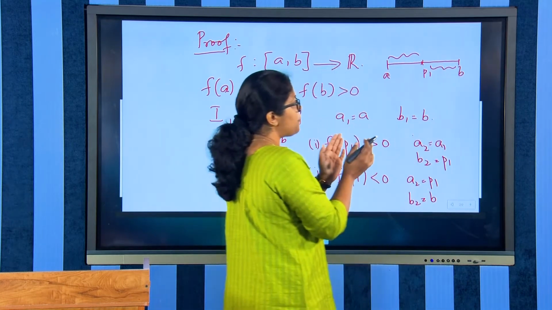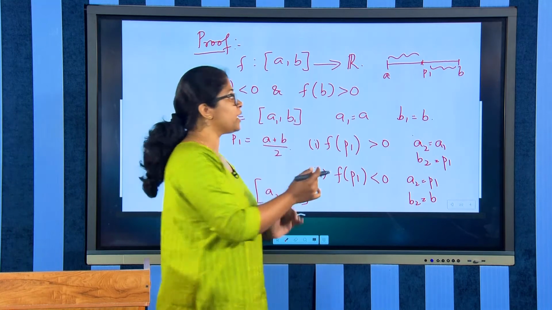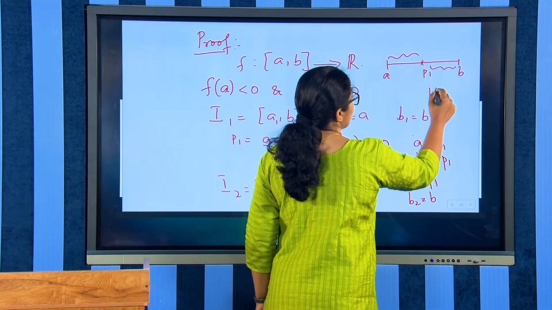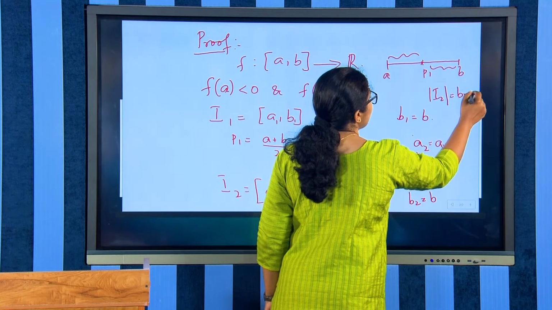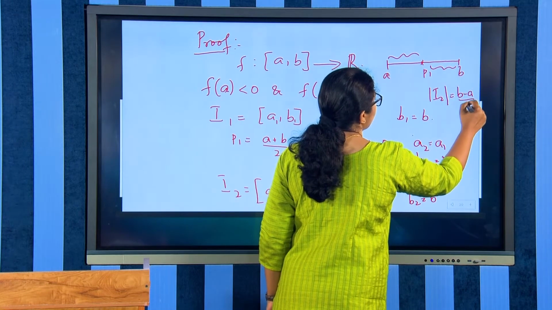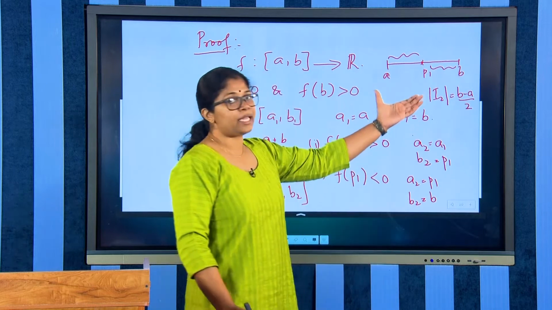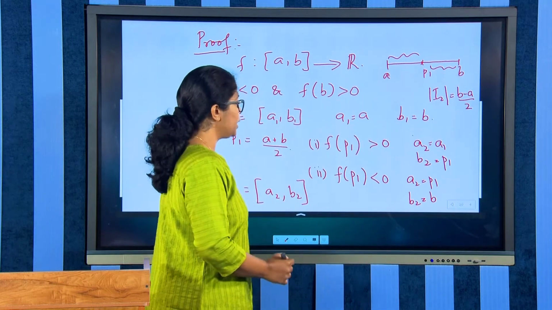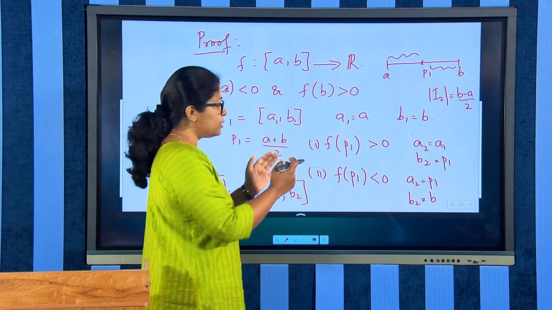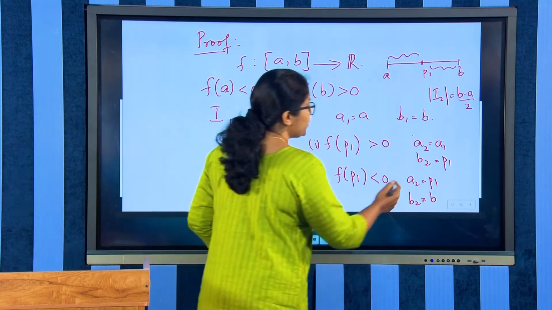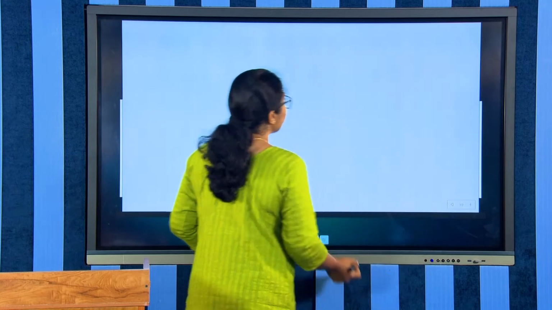Whatever happens, the length of I2 now becomes B minus A by 2, because B minus A is the total length. Now again we are going to bisect this interval A2 B2 using the same technique.